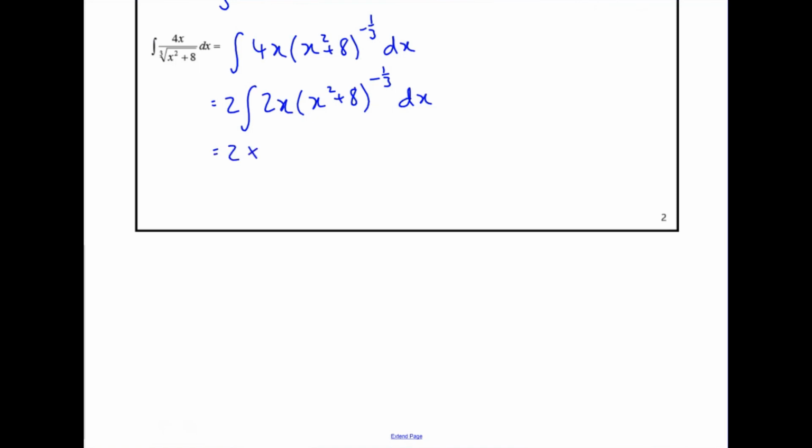Integrating this now, I don't need to worry about the 2x because that came out because of the chain rule. So integrating the bracket, I add 1 to the power, 2 over 3, and I divide by the new power. So dividing by 2/3 is the same as timesing by 3 over 2, which will simplify to 3/2 times x squared plus 8 to the power 2/3, plus c.